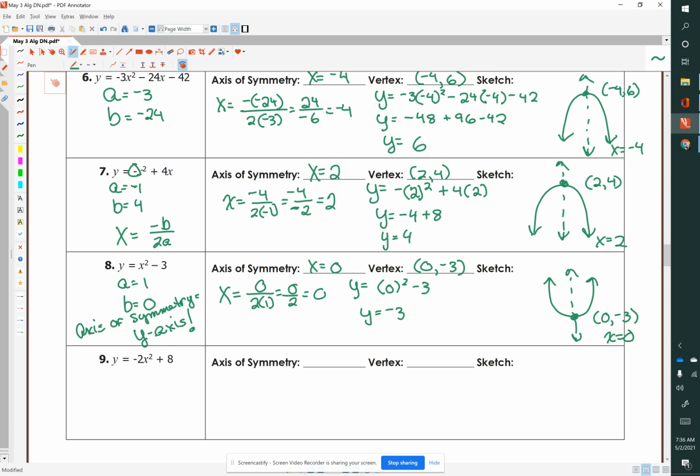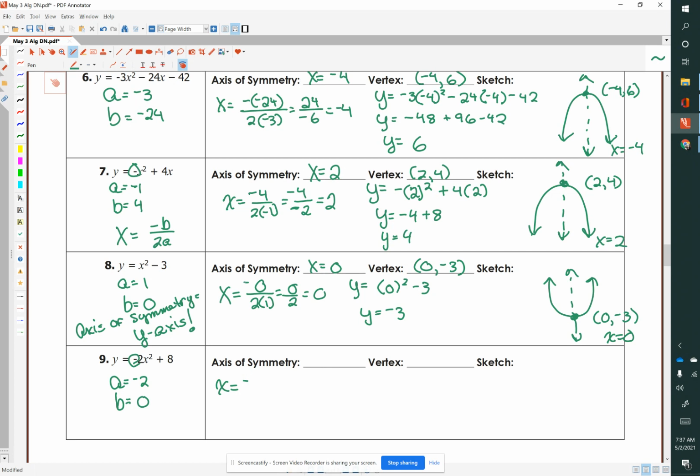And our last problem for today, we can see that it's downward facing because our a value is negative. So our a equals negative 2. Again, we do not have a b value, so our b value is 0 again. So let's find the axis of symmetry.